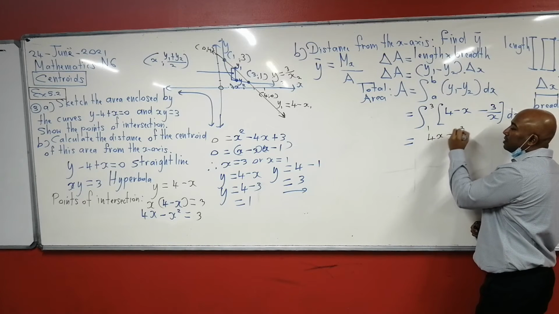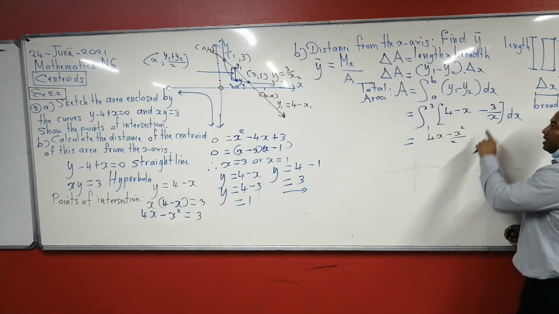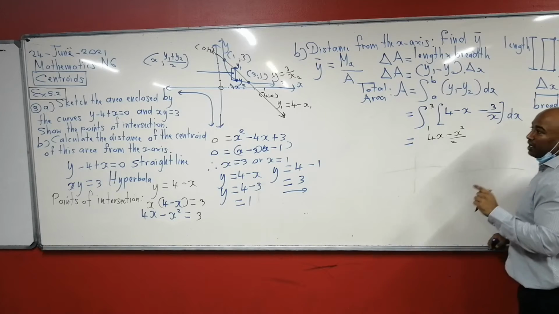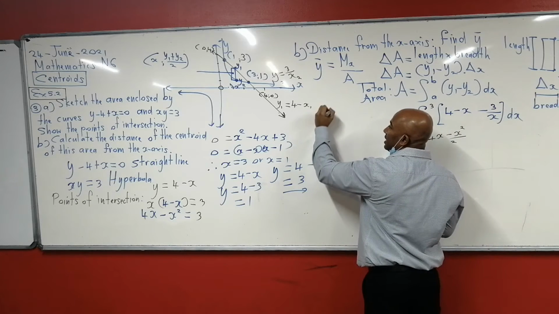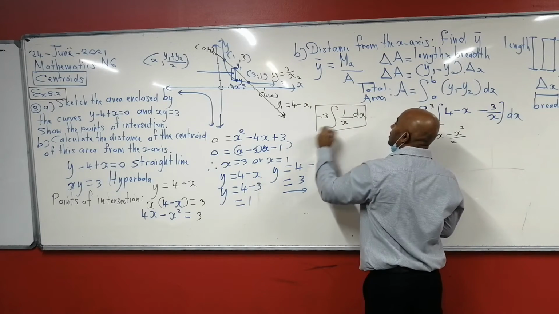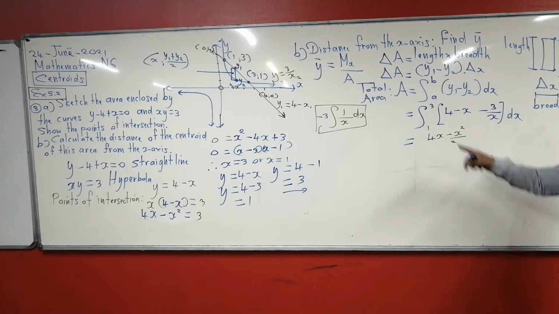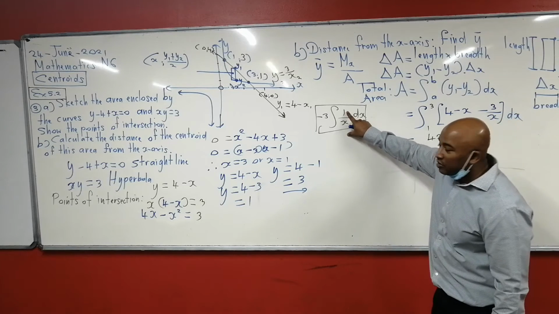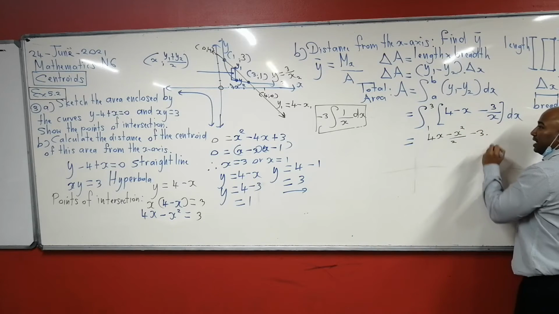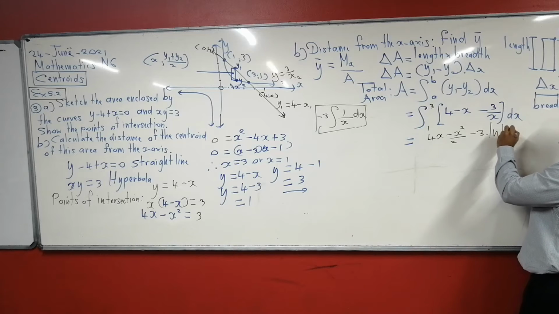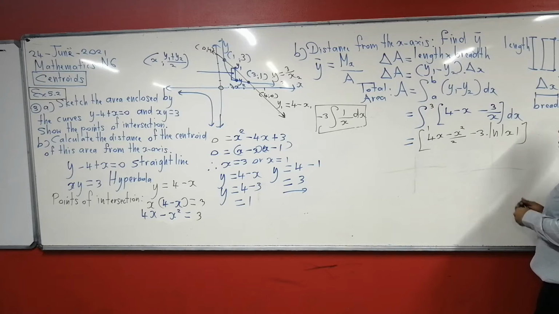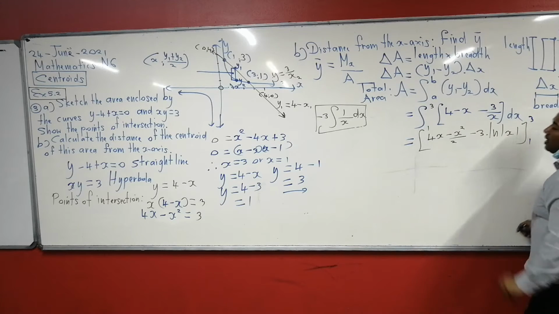Integrating x gives x squared over 2. Integrating minus 3 over x: do not forget that this is the same as minus 3 times 1 over x. So you are actually only integrating 1 over x. So it's minus 3 times ln of the absolute value of x. You don't have to write down plus c. So this is from 1 to 3.